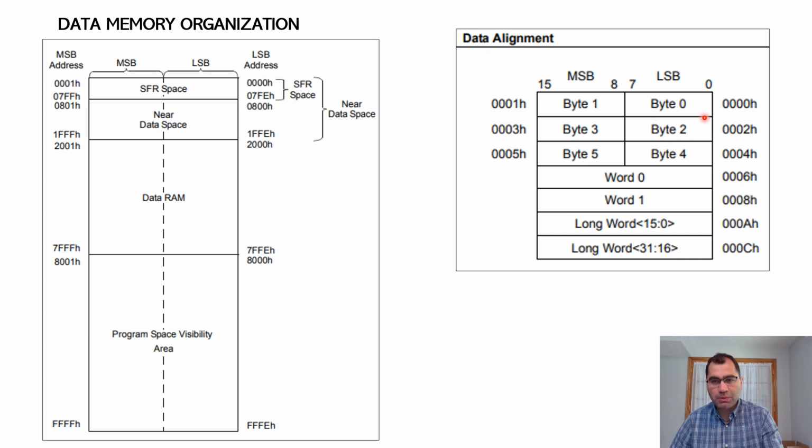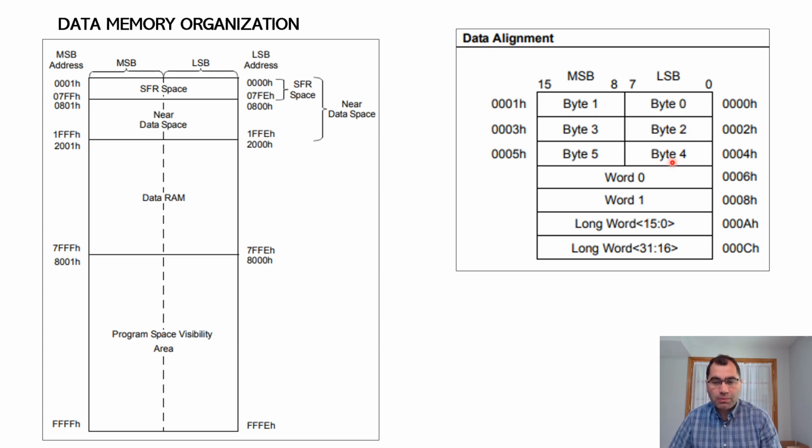If it is 16-bit, then we use both address locations, storing the least significant byte in one and the most significant byte in the other.